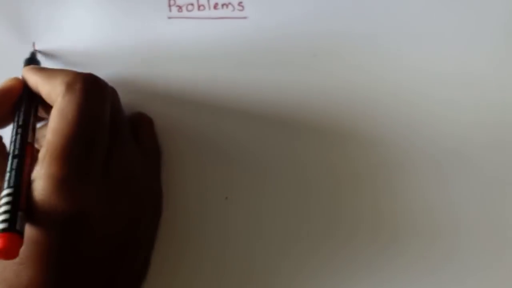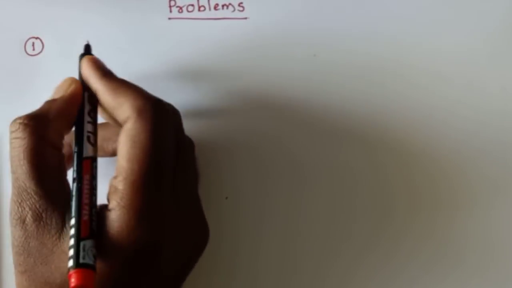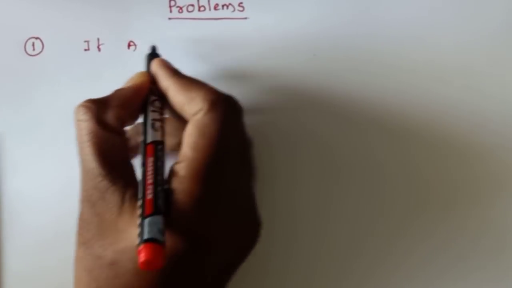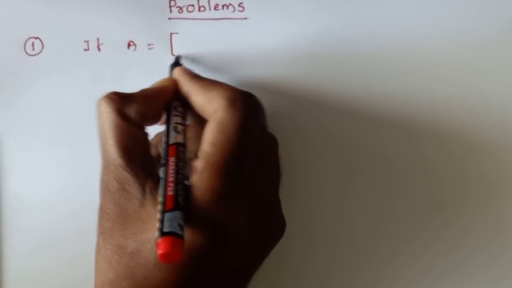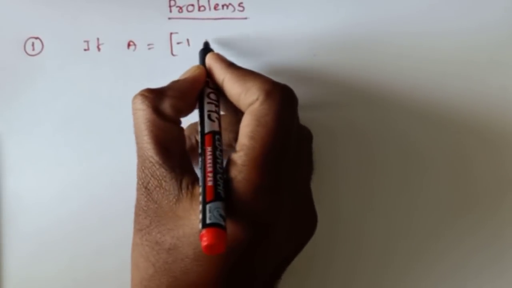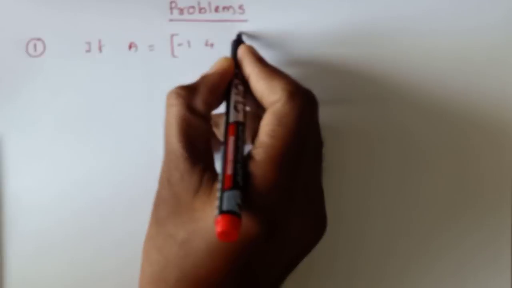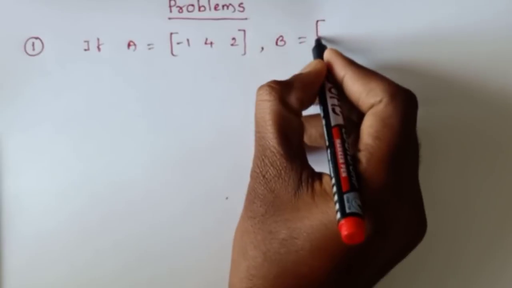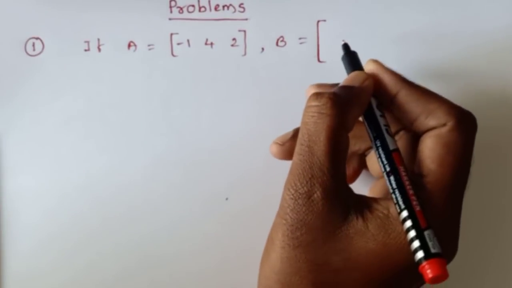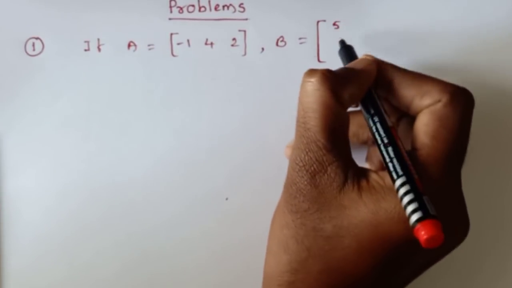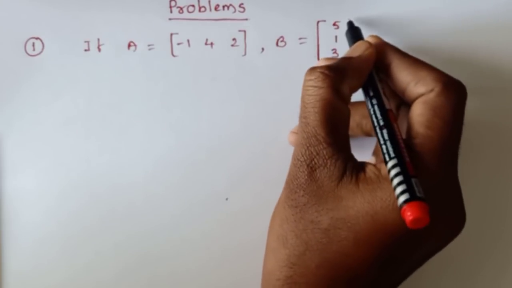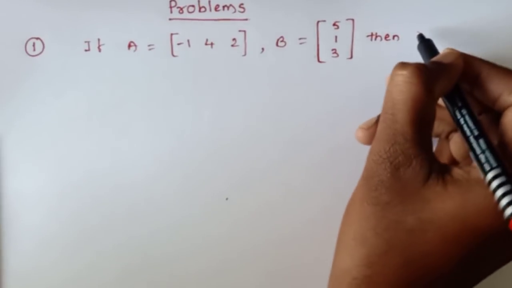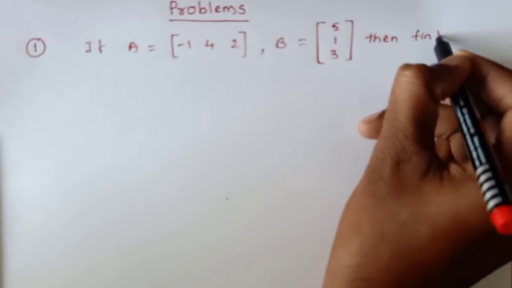Problem number 1: if A is [-1, 4, 2] and B is [5, 1, 3], then find AB.